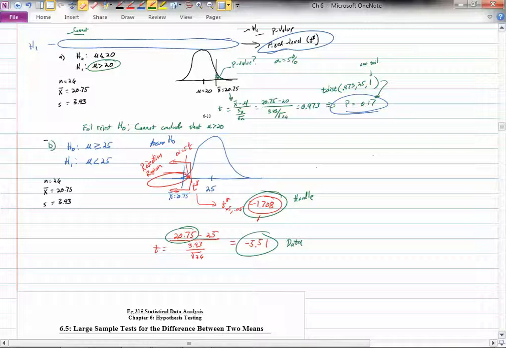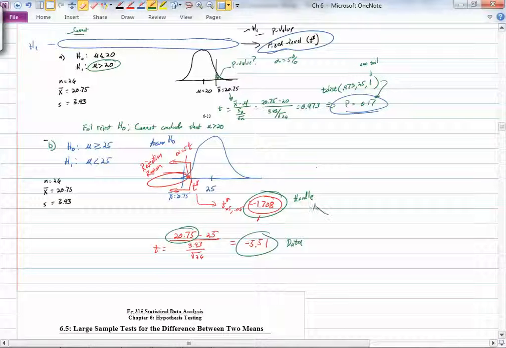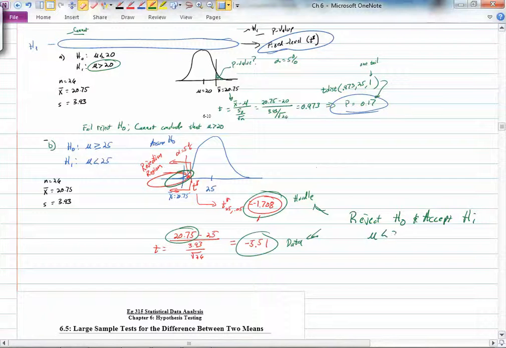You could use absolute values and it's fine as well, but I like to think about what distribution we're on, and then say that tells us we reject the null hypothesis and accept H1. So H1 says, yes, the mean is less than 25. We say we have proven this to be true.